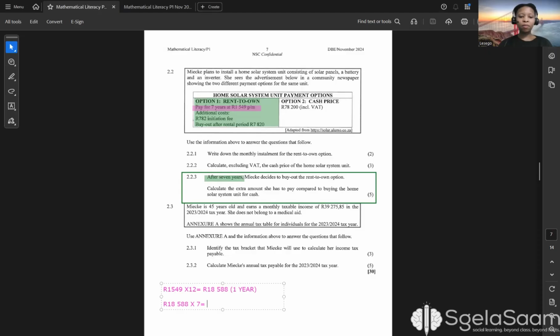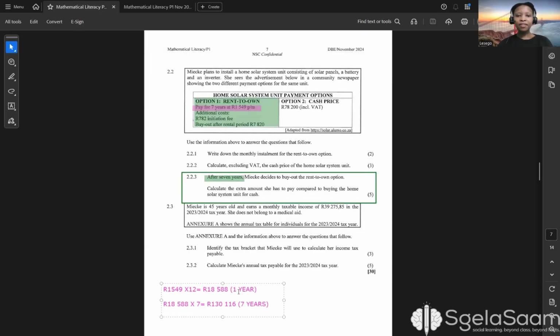Then we get 130,116. Okay, so this is for 7 years.